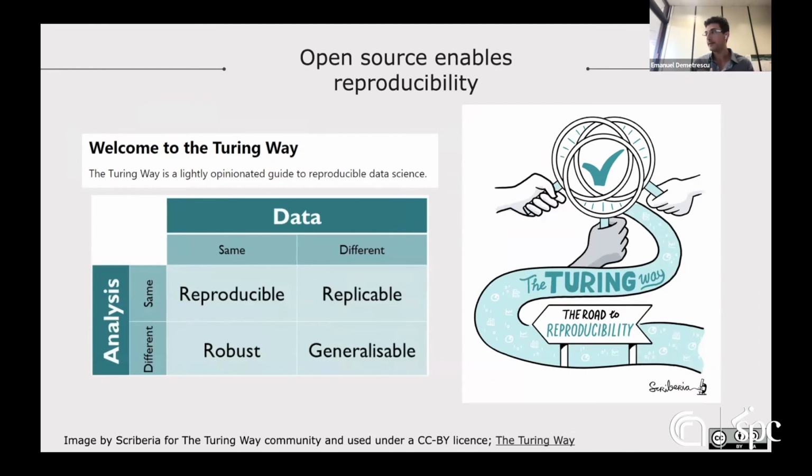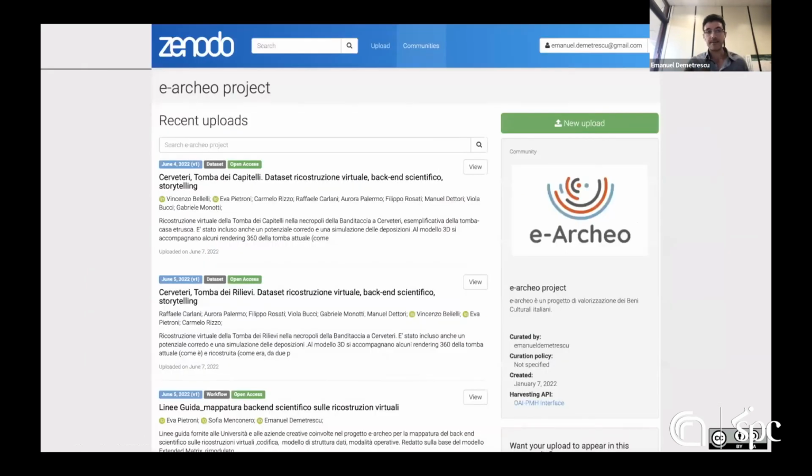And more than that, we gain credibility from a scientific point of view and academic point of view. An example regards the Archeo project that was already cited by my colleague Eva Pietroni.